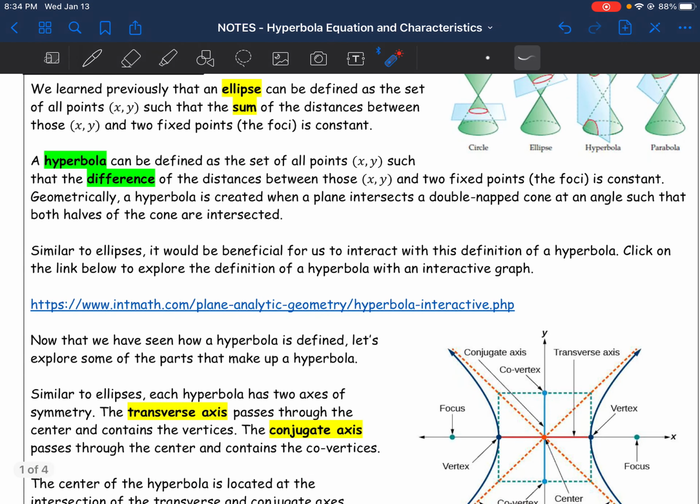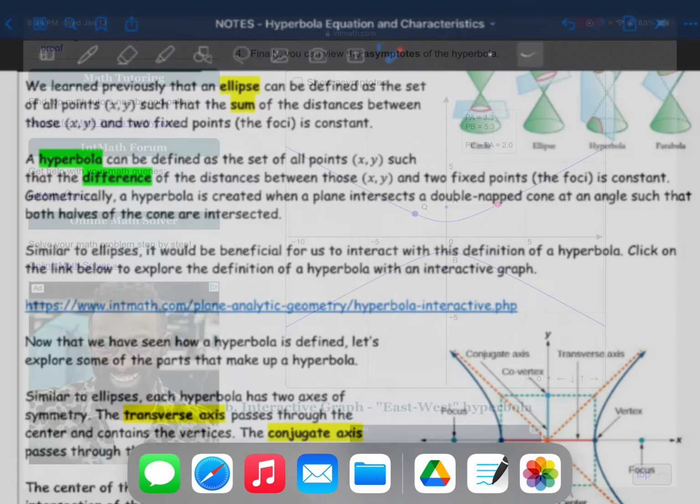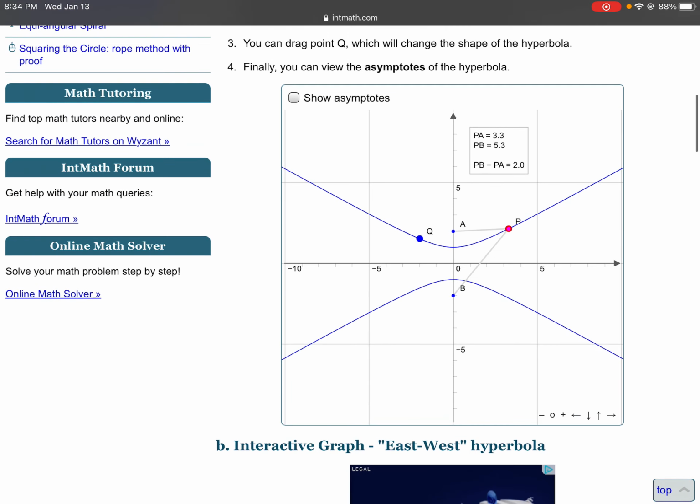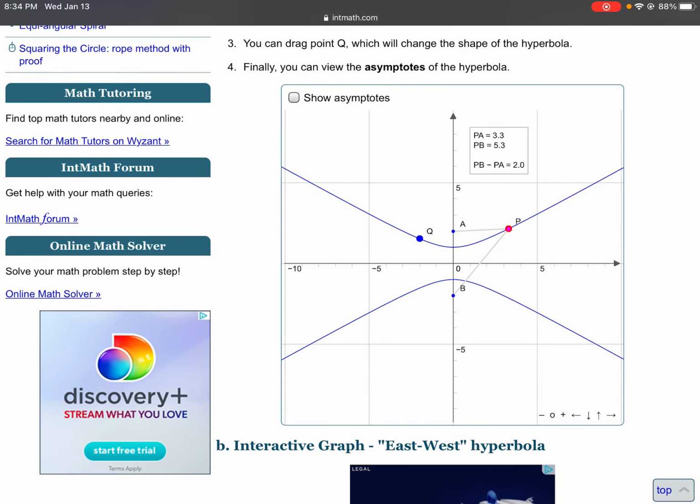So, similar to with ellipses, it'd be beneficial for us to interact with this definition of a hyperbola. So once again, I've linked into the notes here an interactive graph for a hyperbola. So let's give that a look real quick. So here's our interactive hyperbola. And notice that we have this point P on the hyperbola in pink, and the two foci are the points A and B. So notice that line segments are being created between P and A and P and B, and if you look at the difference between PA and PB, the difference is 2.